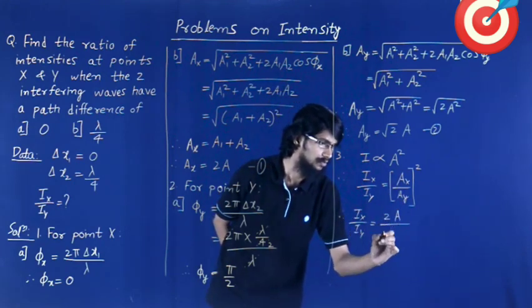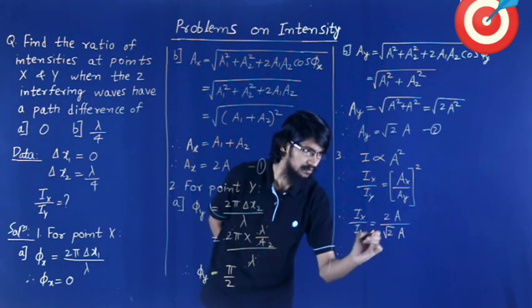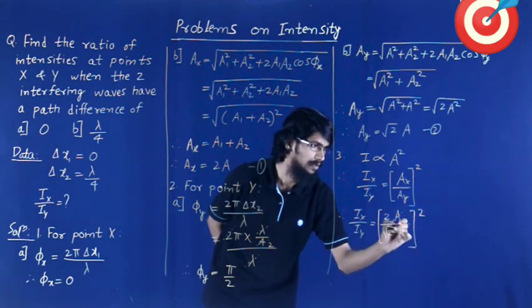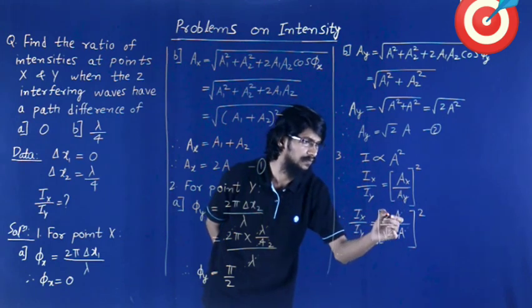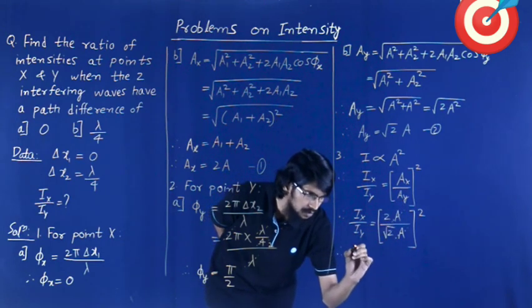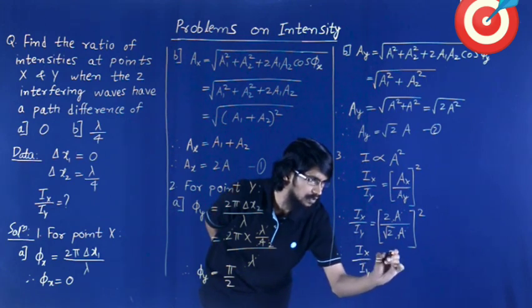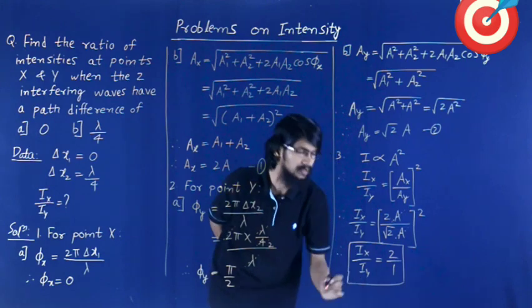What is ay? Square root of 2 times a, and we have to do the square. A and a will be cancelled. You will get 2 upon root 2. If you square, you will get 4 upon 2. What is 4 upon 2? 2. We will get the ratio as 2 is to 1. So this is the ratio of intensity at point x and y.